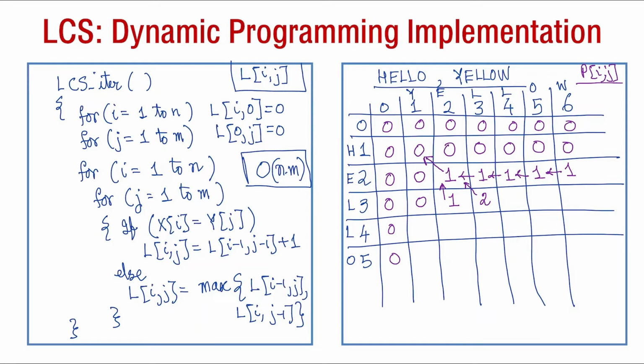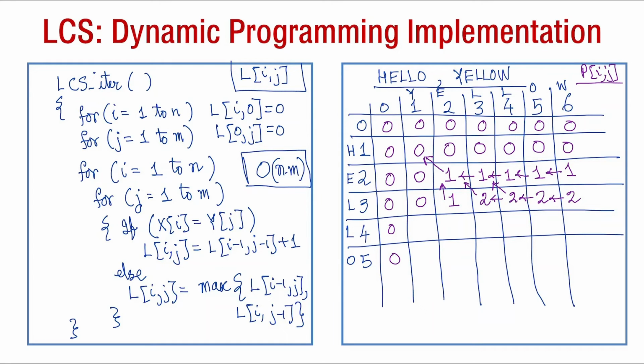Similarly, L and L will match, so we can get it either from this side or from this side. Any one of the two sides you will get 2. Then the next one will be 2 because O, 2. So we are marking the pointers like this.